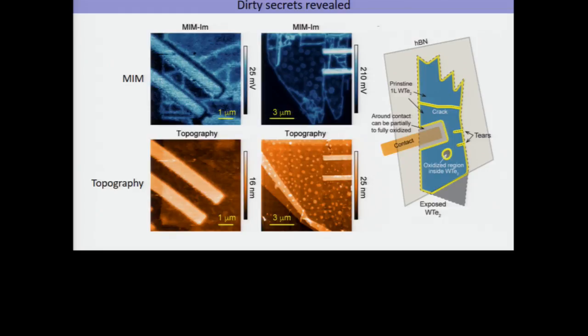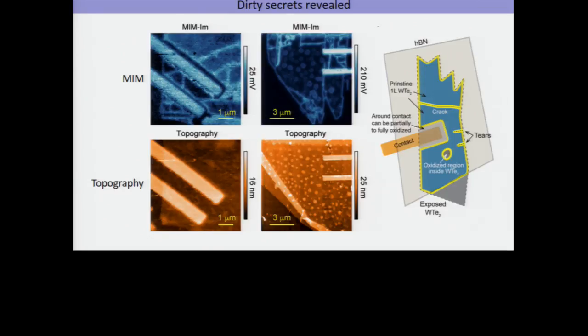You see, you get this oxidized channel around the contact. You thought you made a nice device, but it insulates. And here's a diagram indicating all those things that we've learned, the problems that can happen that you can see in the MIM, basically. And this gives reasons for pause when you're interpreting the DC transport measurements.